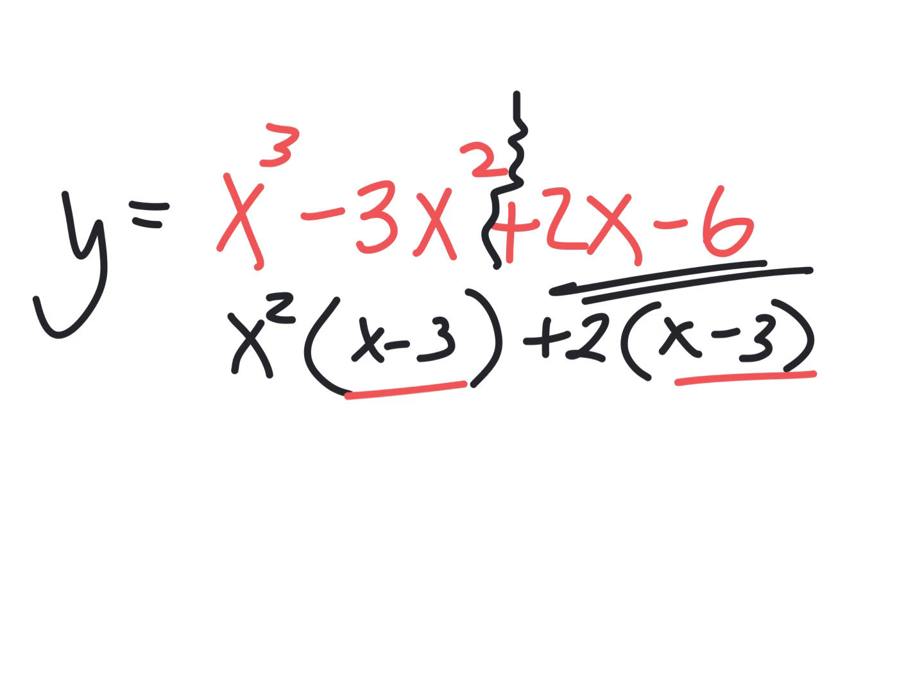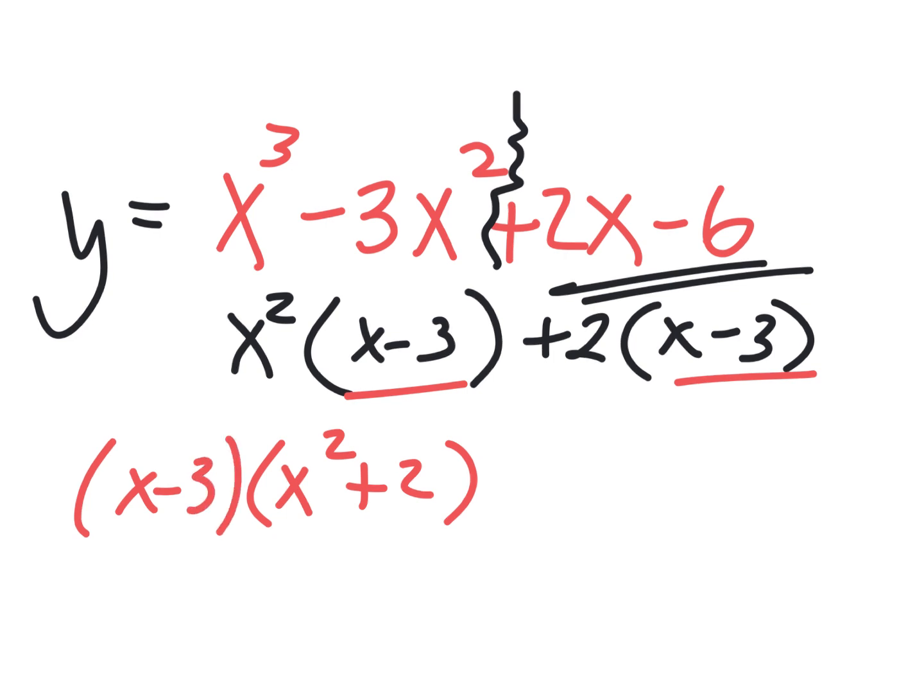All right, Clara, can you tell me what the final answer is then? Is it x squared plus 2, and then in another parentheses, x minus 3 squared? So close, just don't square it. The reason you don't square it, I get it, you're thinking there's 2 x minus 3's, right?